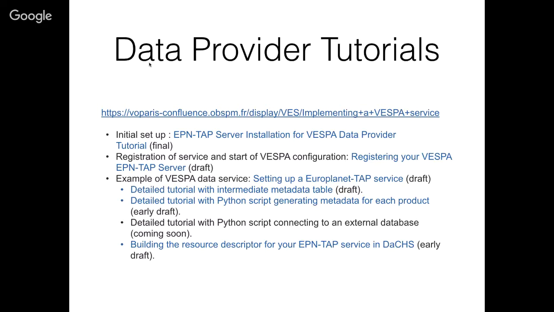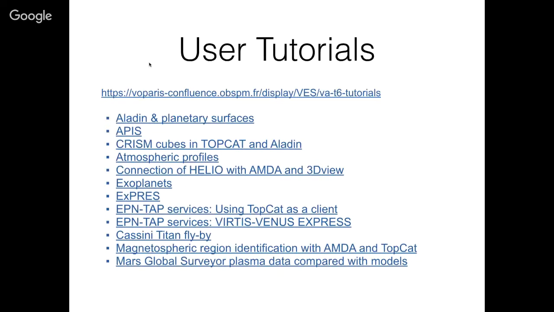Those are tutorials that can help you set up the way to share your metadata catalog of products, and then there is a series of user tutorials on existing data. For you, it's probably the third one, the user tutorial, that is the most adequate for this session, and I think that tomorrow Michael will be showing it at this workshop.